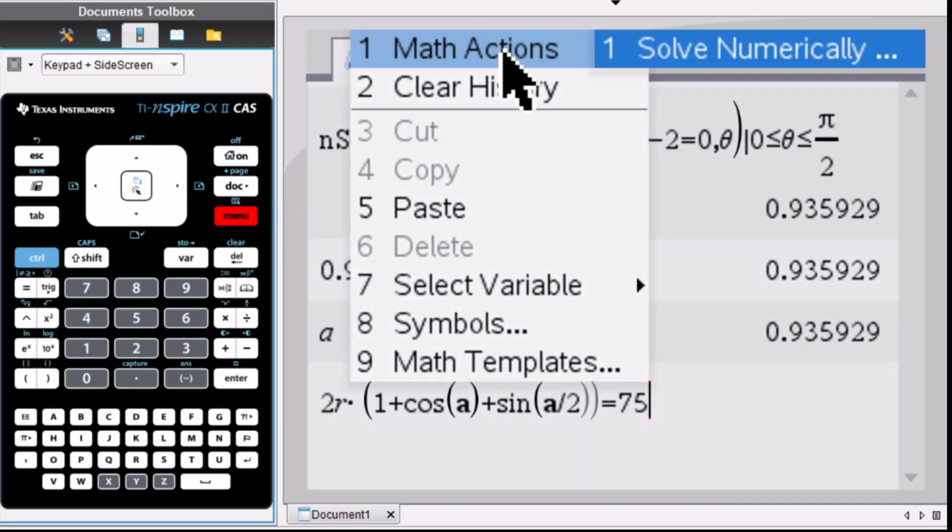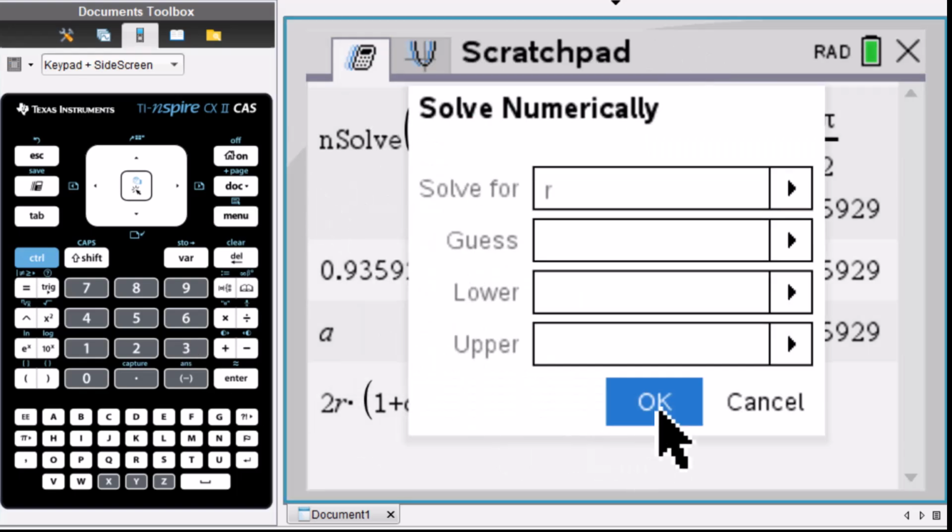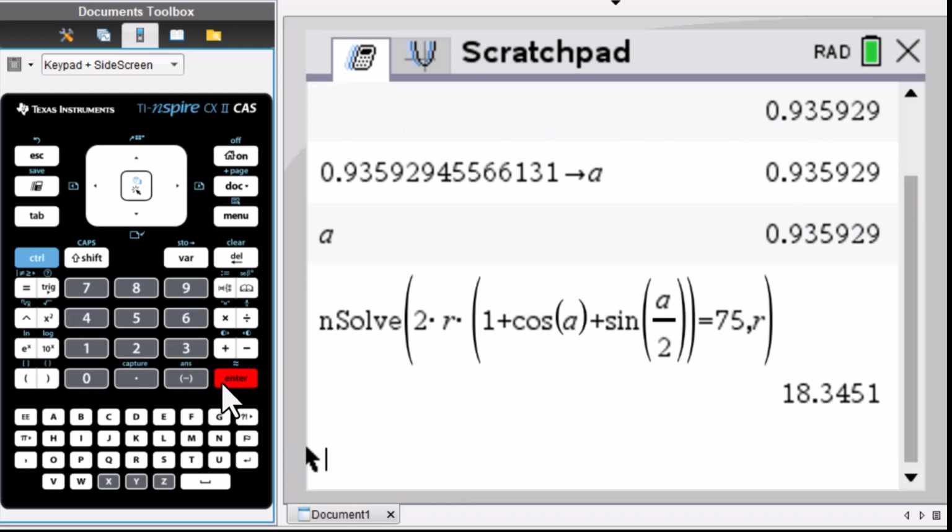Could see this math solver. Then enter, enter, enter. We got this R. Remember that when we have a variable with parentheses, you have to put times.